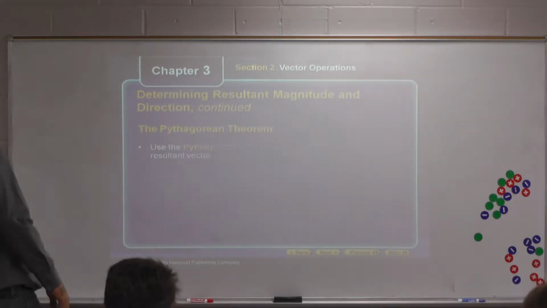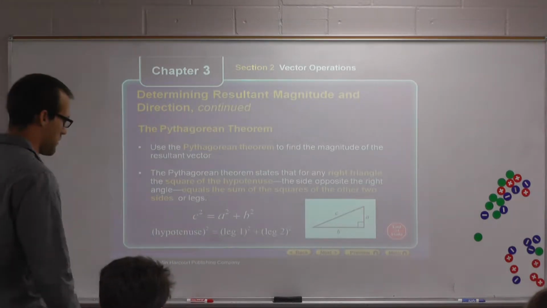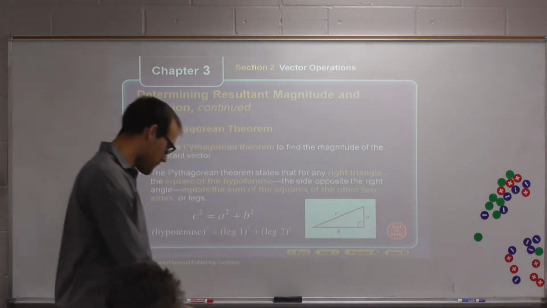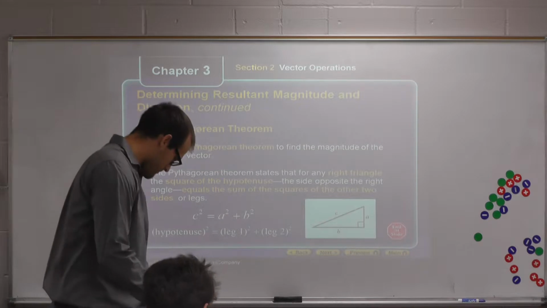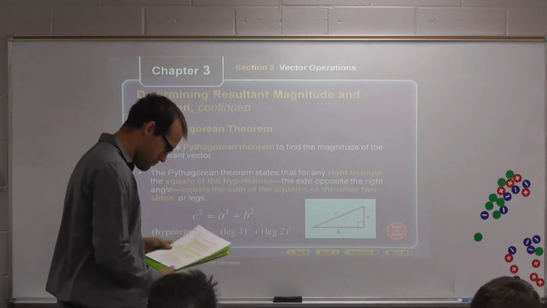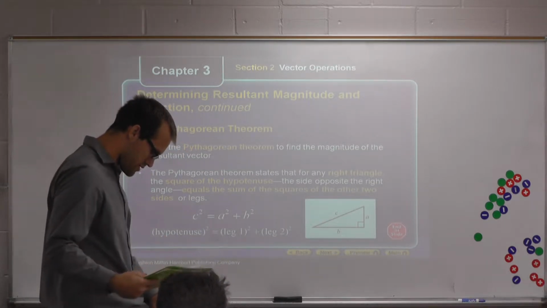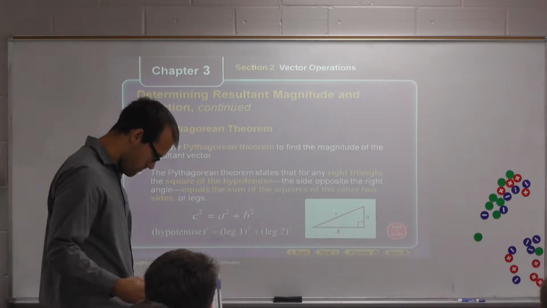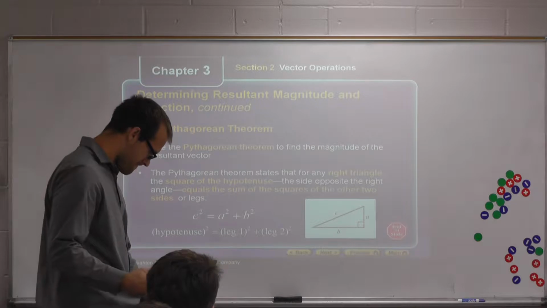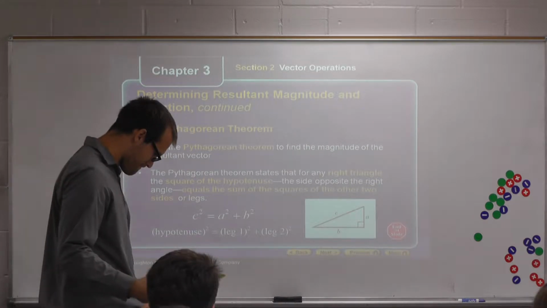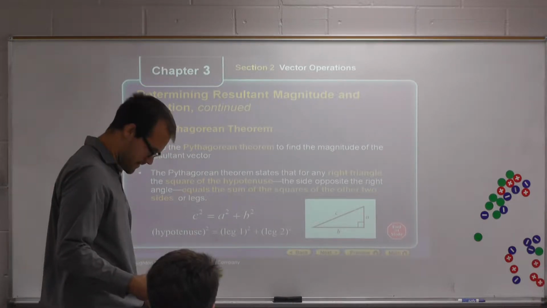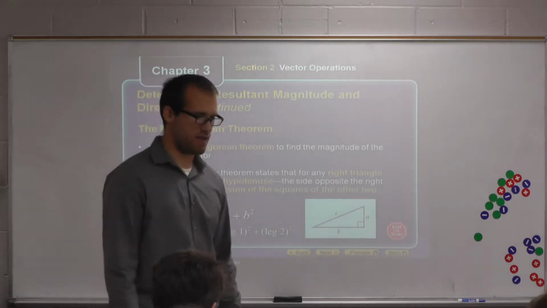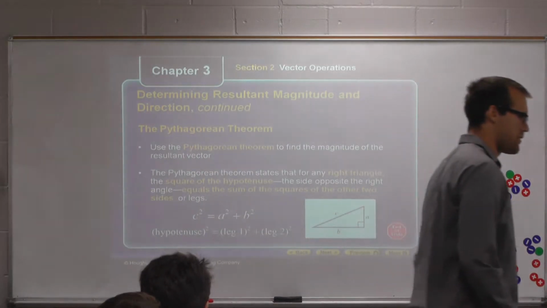All right. You guys are probably pretty familiar with the Pythagorean theorem. In your book, it just shows like a pyramid and how you get the hypotenuse side. And you guys are pretty good at Pythagorean theorem.